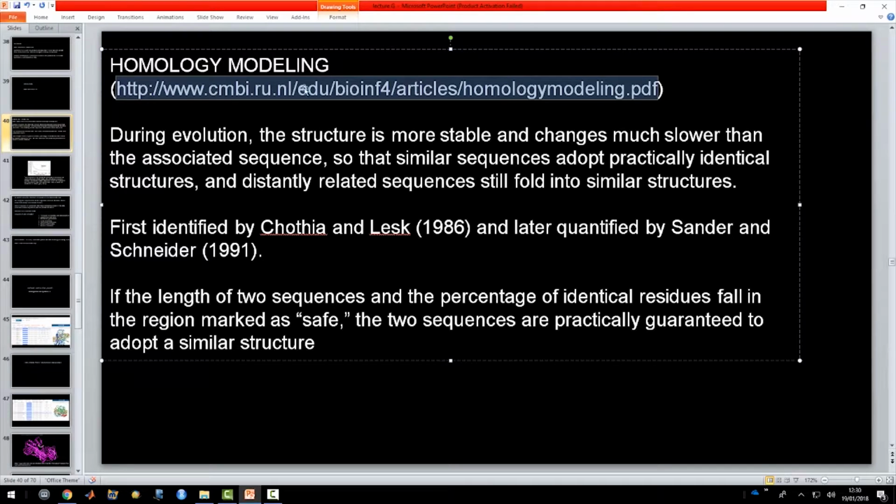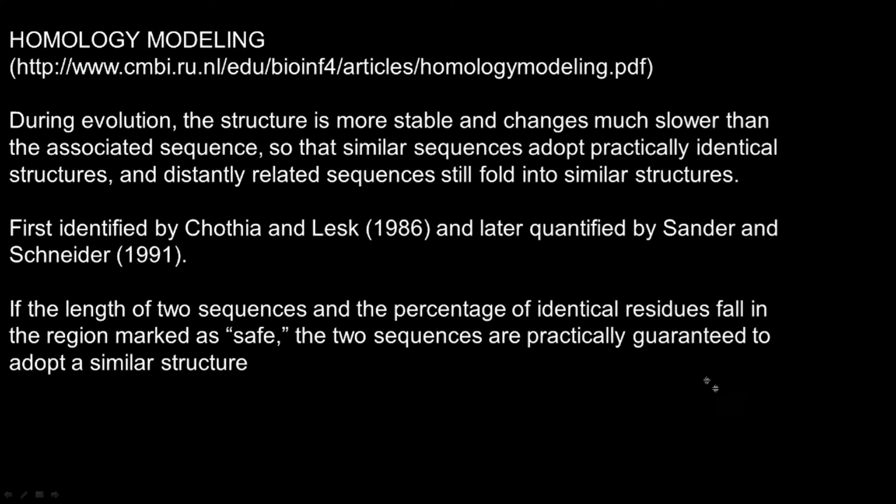Now if you look at homology modeling, homology, like I said, is the most important thing. We need to look at the sequences of the protein of your interest against other proteins found in the Protein Data Bank. What is the concept of homology modeling?